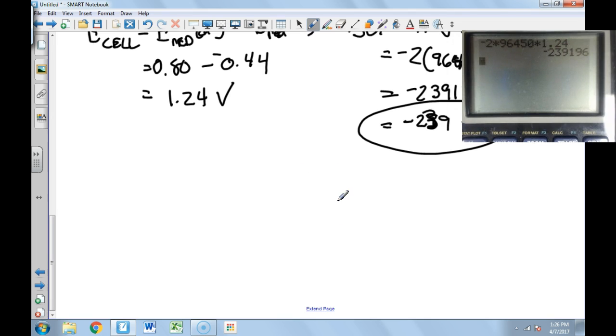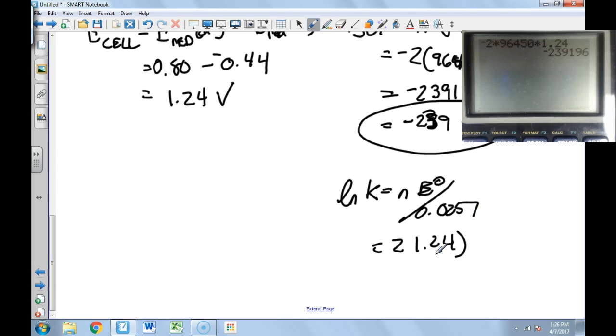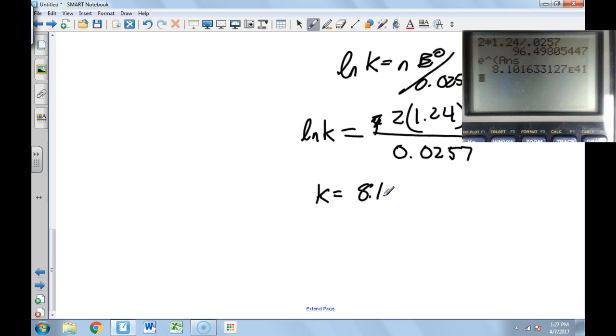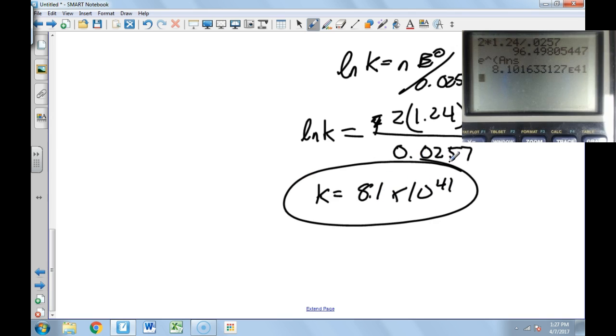Now we do the same thing with the K. We have the formula. Plug in and chug. So that is our equilibrium constant.